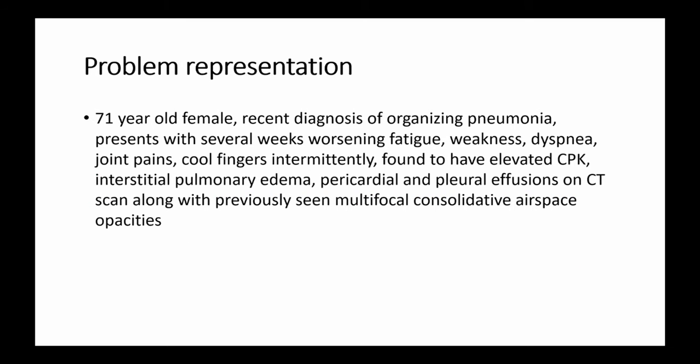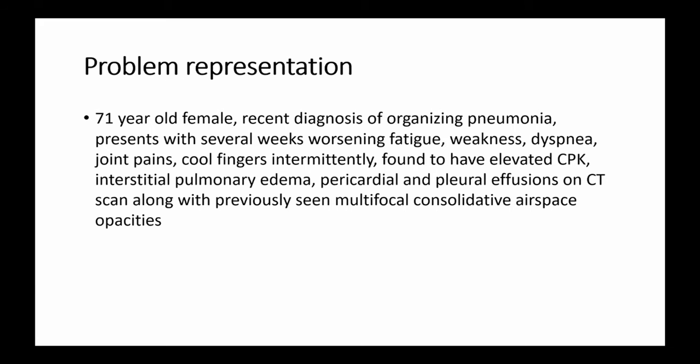Okay, so this is just a basic problem representation. I would expect a third or fourth year medical student to be able to piece this together, a summary statement of what we've heard so far. So I'll just say it here. We have a 71-year-old female, recent diagnosis of organizing pneumonia, presents with several weeks of worsening fatigue, weakness, dyspnea, joint pains, cool fingers intermittently.